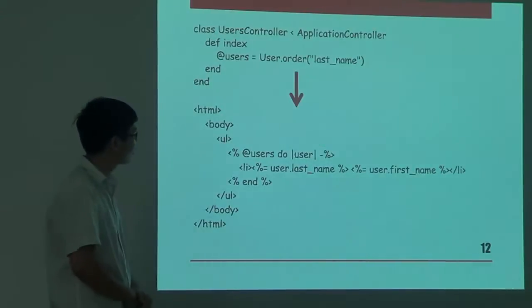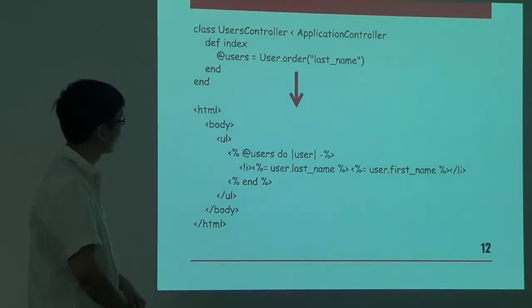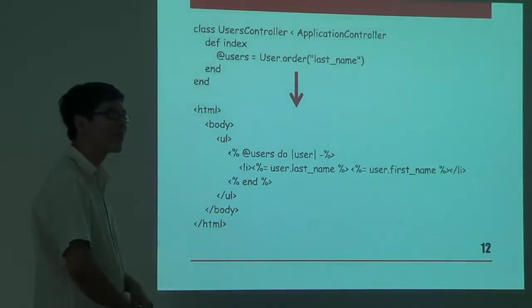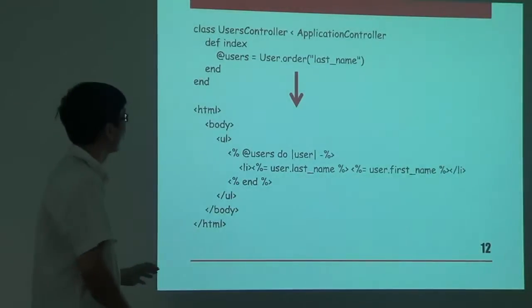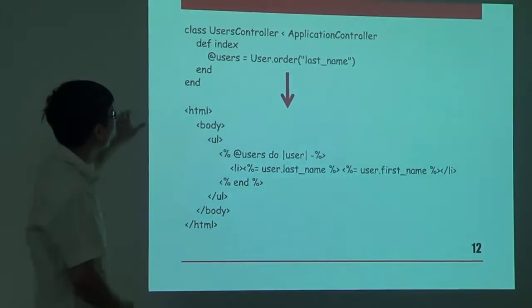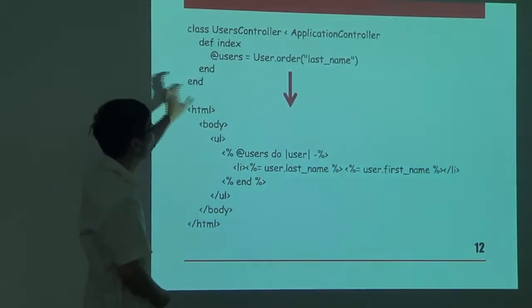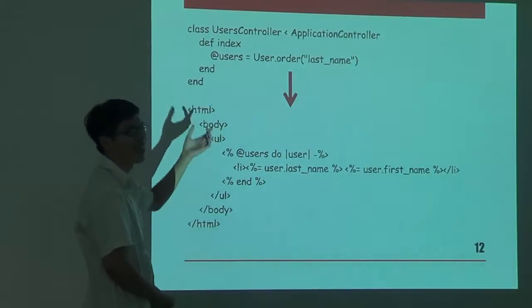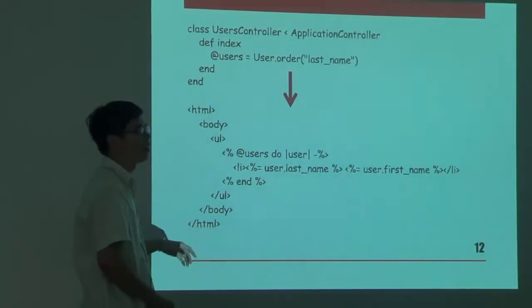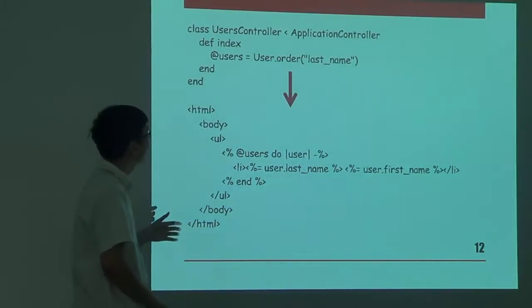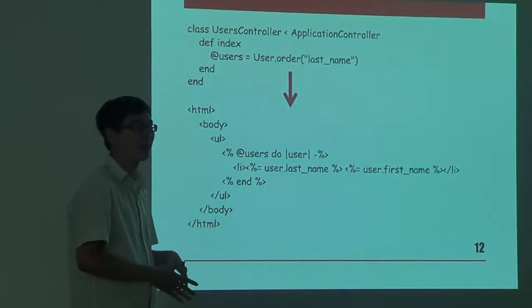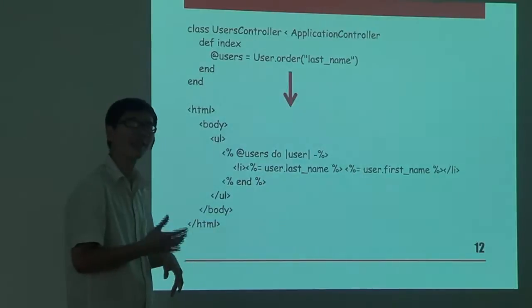However, this example is also not the best solution, because in the controller we know that the user has the last name column. We can say that the controller knows too much about the information of the model.